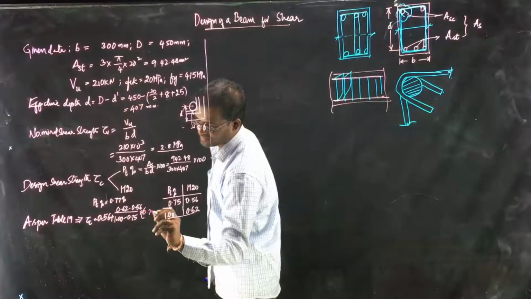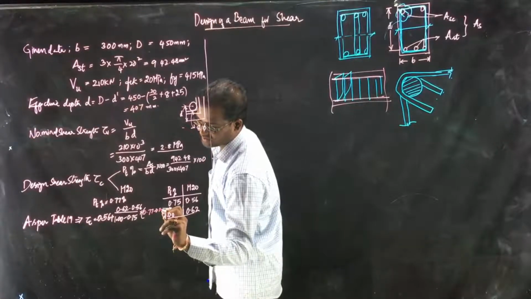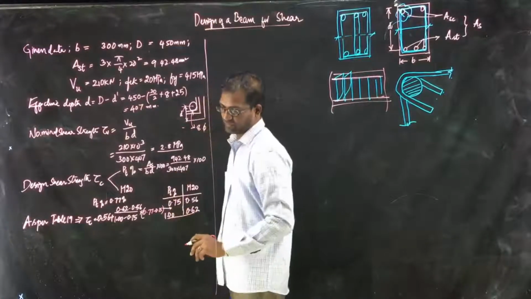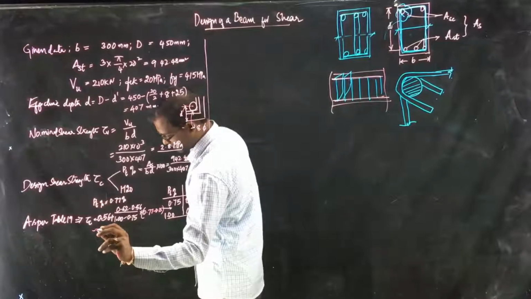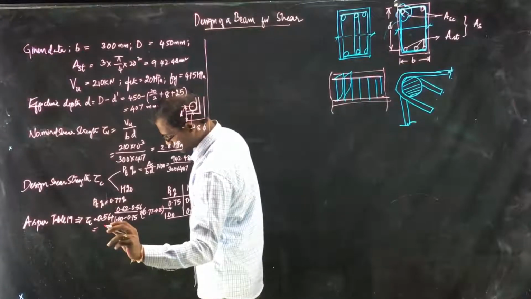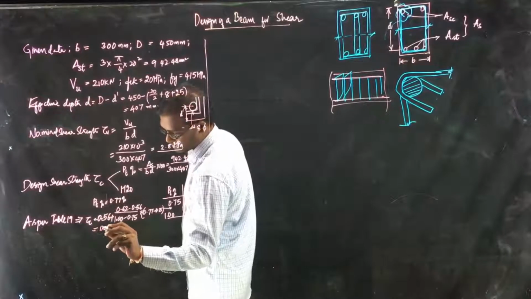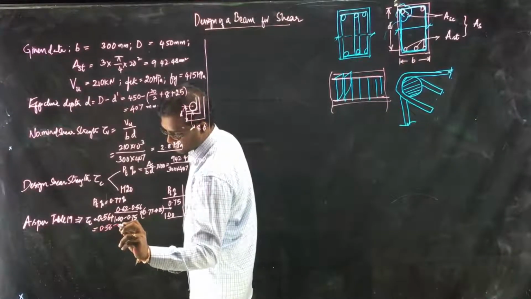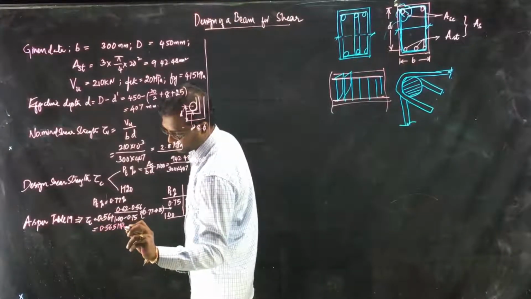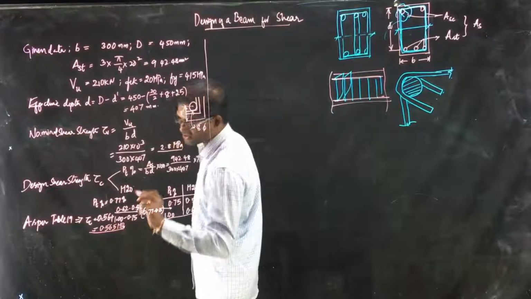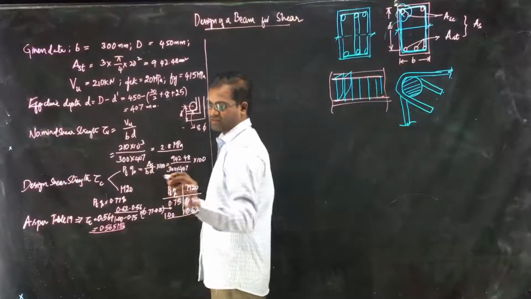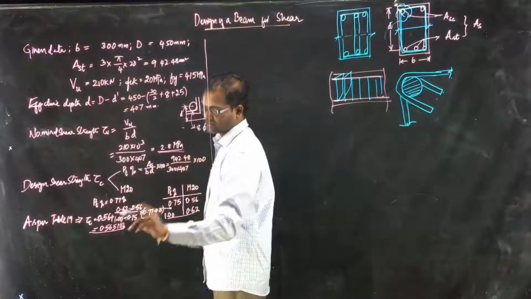So 0.77 minus 0.75. If you calculate this, you are supposed to get this value as 0.565 MPa. Now this is the design strength and this is the expected strength which is coming.